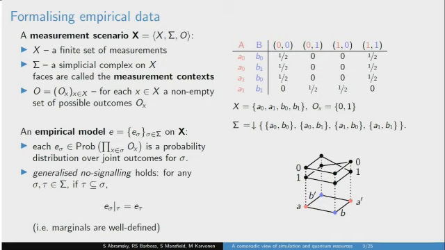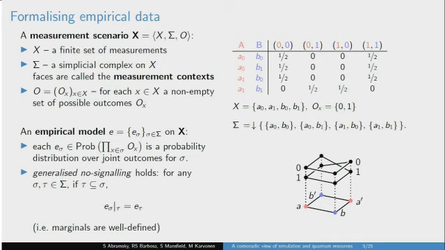So you'd expect to see a joint probability distribution for any joint measurement. The only condition we expect to hold generalizes the idea of no signaling: a joint measurement should behave the same no matter what other things you're measuring with it.